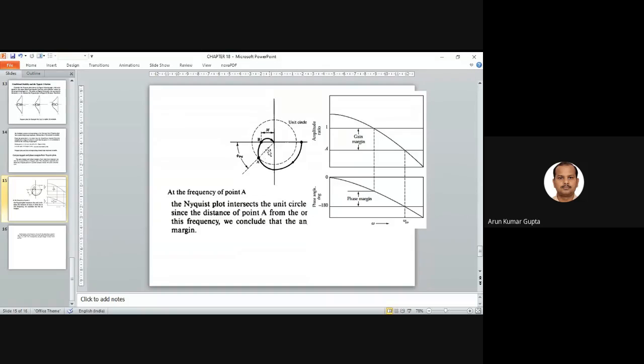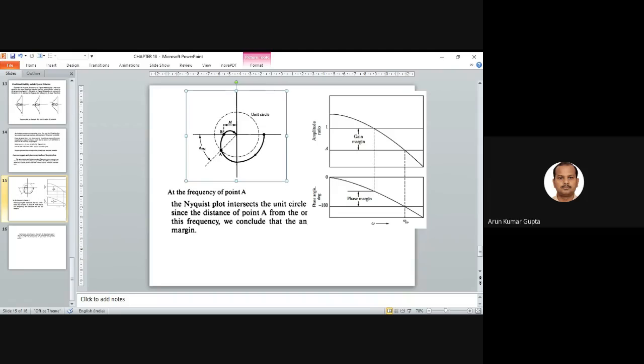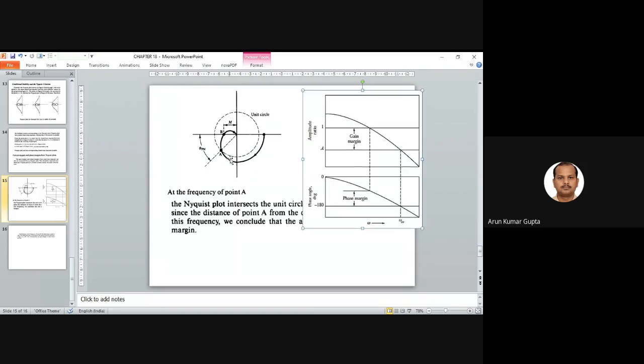Now you can see the Nyquist plot. Did the Nyquist plot not show up just now? Yes, sir, now it is visible. Okay. So here we are following the same approach.